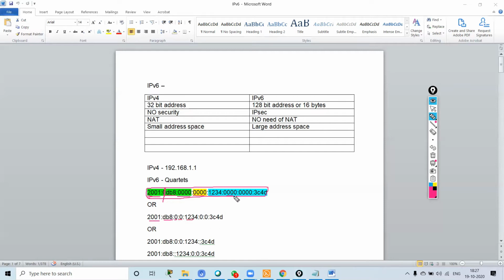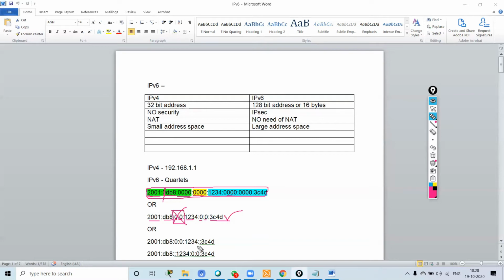Here also 4 zeros in the quartet, I wrote a single 0. So this is the shortened IP version 6 address. Understood?